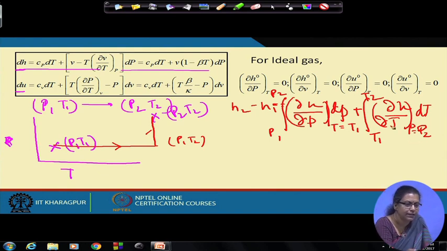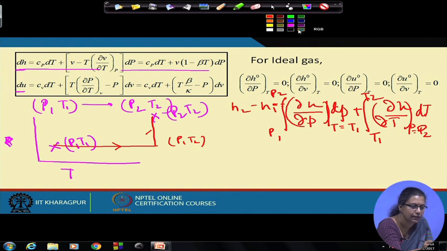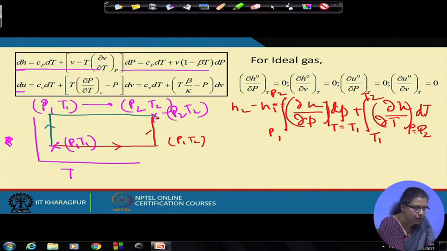On the contrary, there is one other thing that I can do in this particular case. I can first perform the isothermal process and then I can perform the isobaric process. Very well, since at both these points I am dealing with properties which are dependent on the initial and final states as we already know, hardly it should matter in this case. For this particular case, what is my H2 minus H1 equal to?